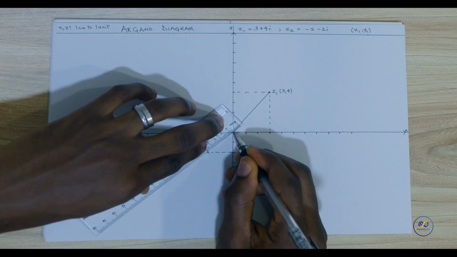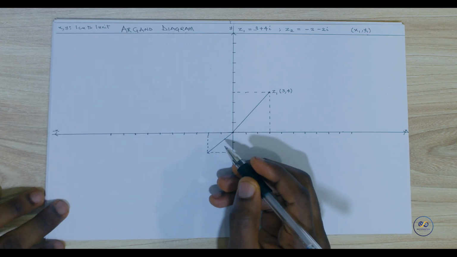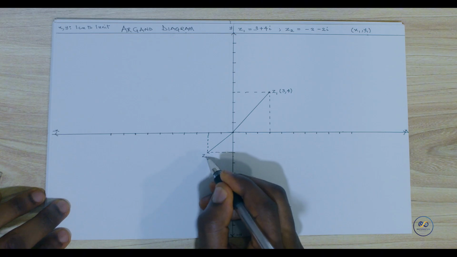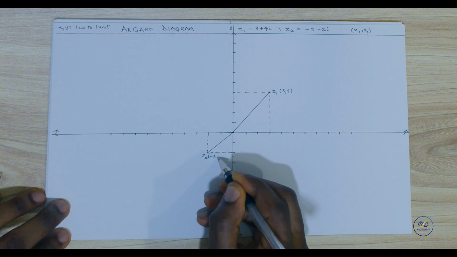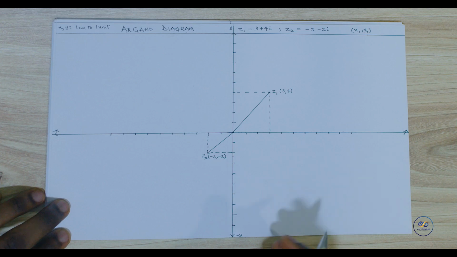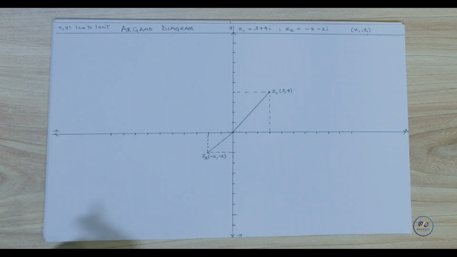And here we go. This is the line Z2, (-2, -2). So these two lines represent the two complex numbers as we have them.